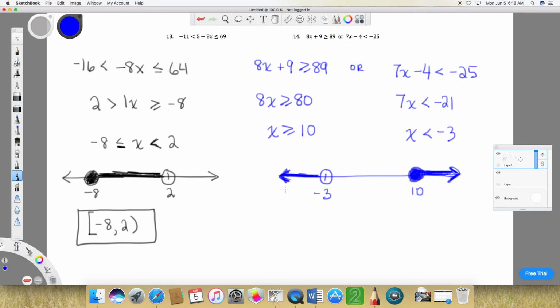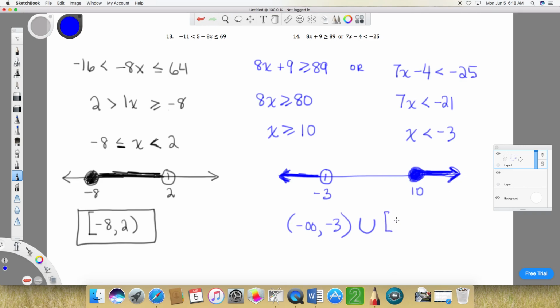So to write this using interval notation, the left arrow is shaded. That represents negative infinity. You'll never have a bracket around an infinity. Then up to -3, but excluding the endpoint. The mathematical symbol for the word or is a union, and it looks like a big U. And the union is that x belongs to this set, or it belongs to the other set.